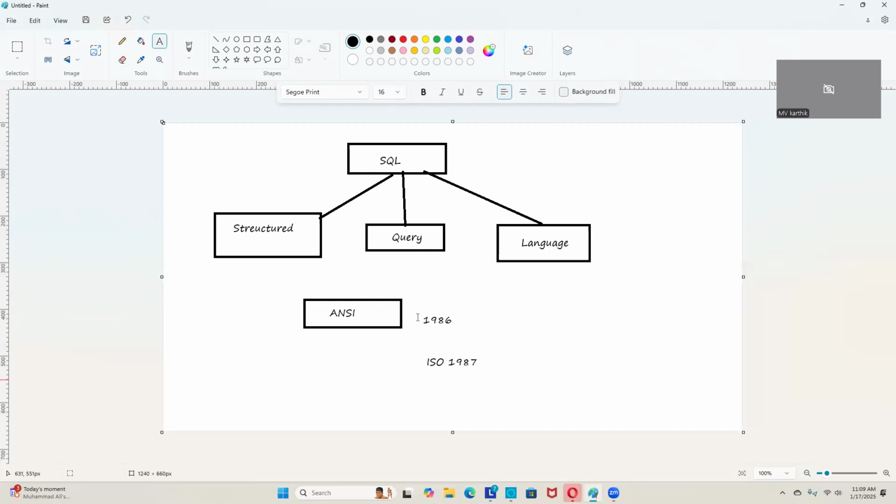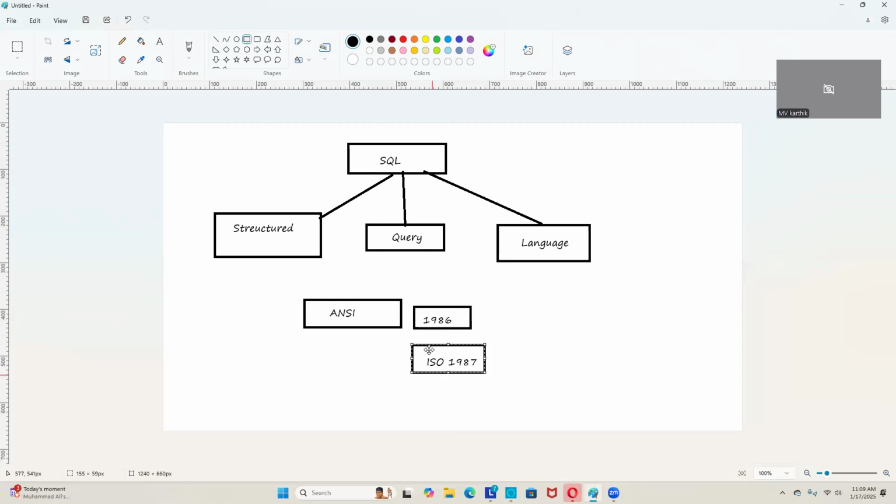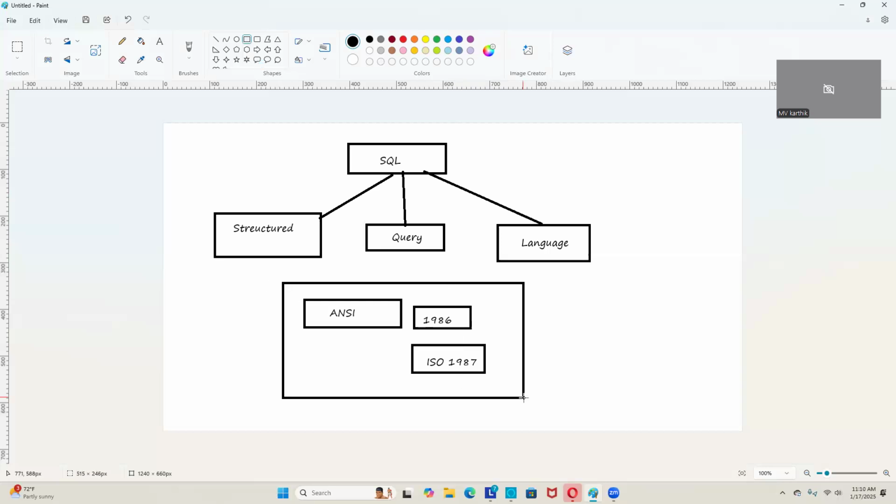ISO is the International Organization for Standardization. Everything they provided as standards comes from these ANSI standards.